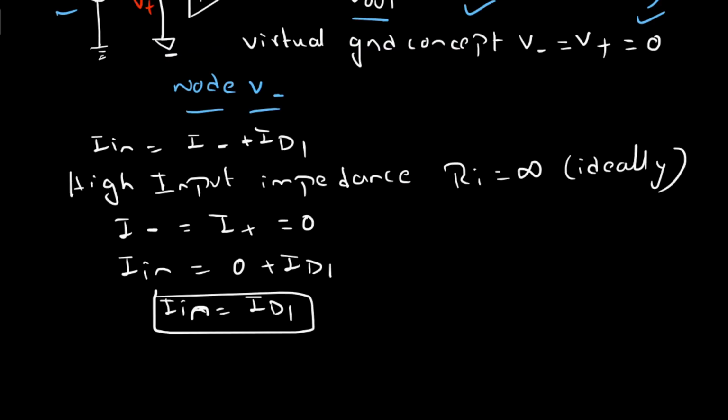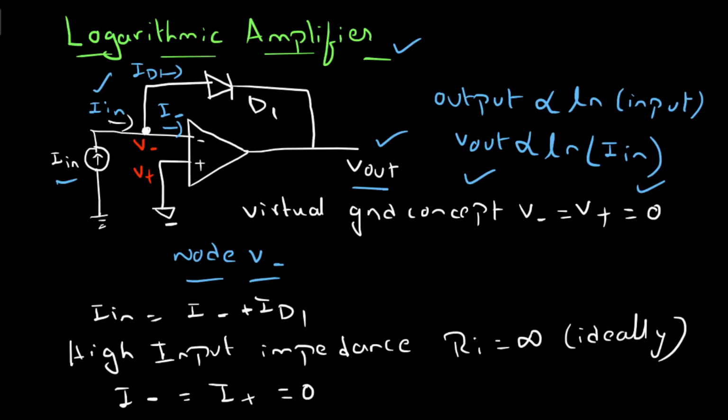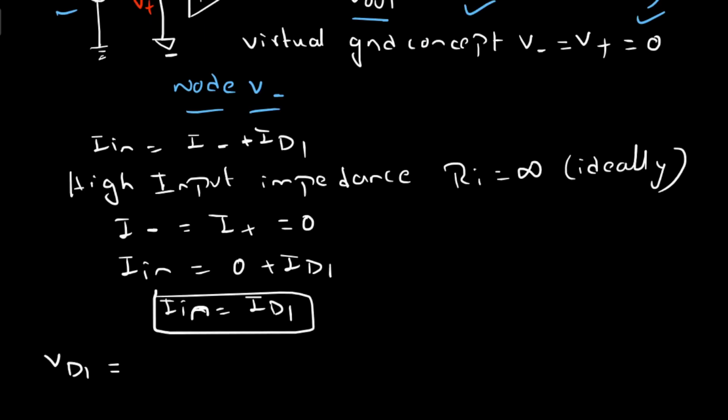Now we have to determine the voltage drop across the diode, which we can call VD1. It is the potential across the diode, VD1, which is nothing but V minus minus V out.